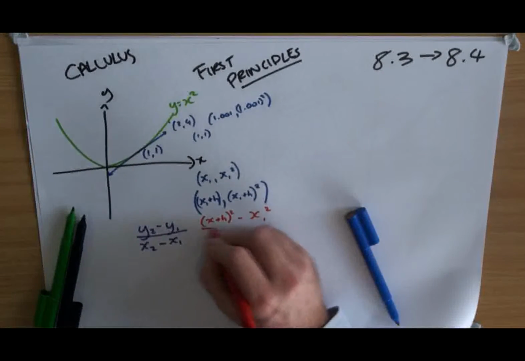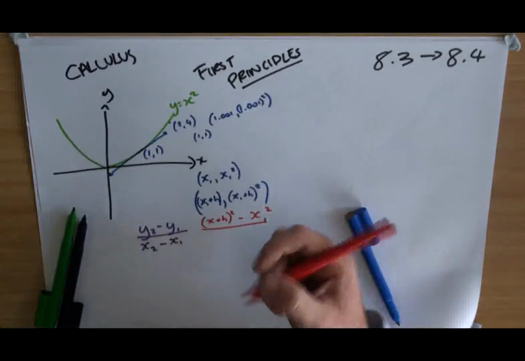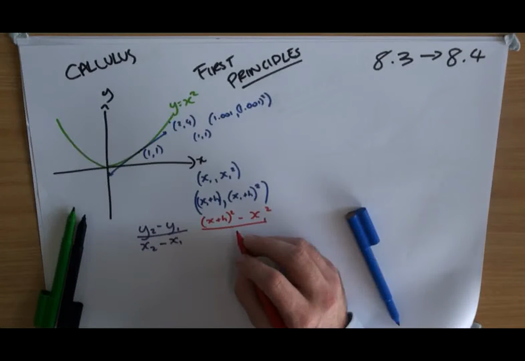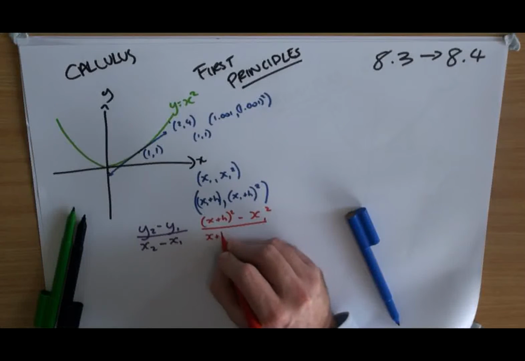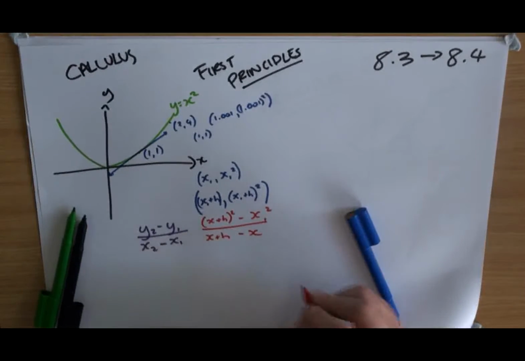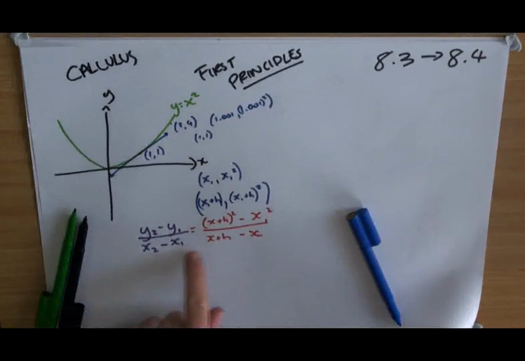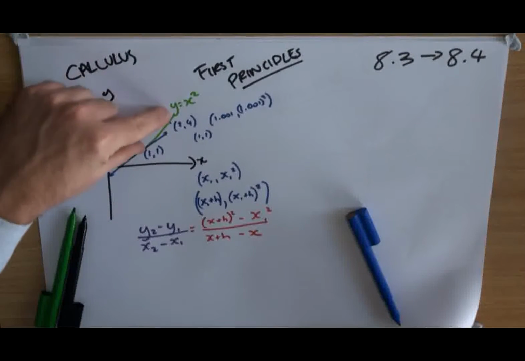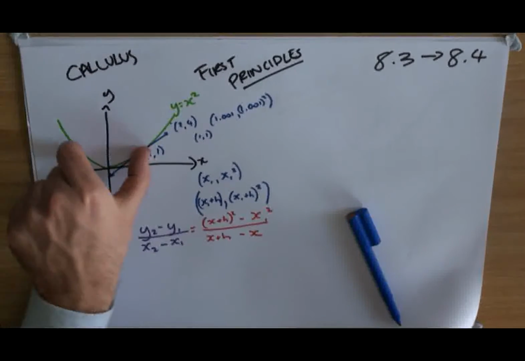I'm just going to make that an x, because they're all x plus 1s, it doesn't really matter. On the bottom, it's going to be x plus h minus x. So this is going to be the gradient of my curve of whatever h is. It could be this big, it could be that big, it could be negative.